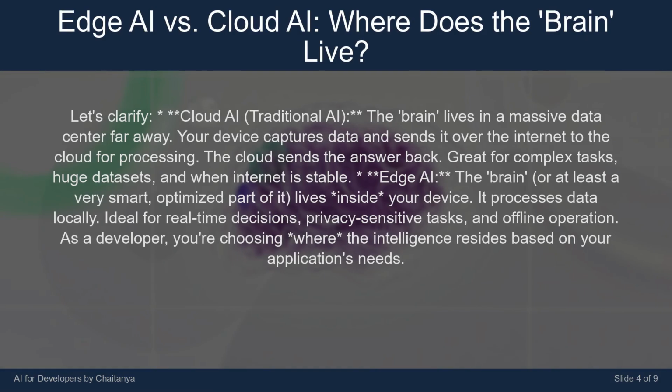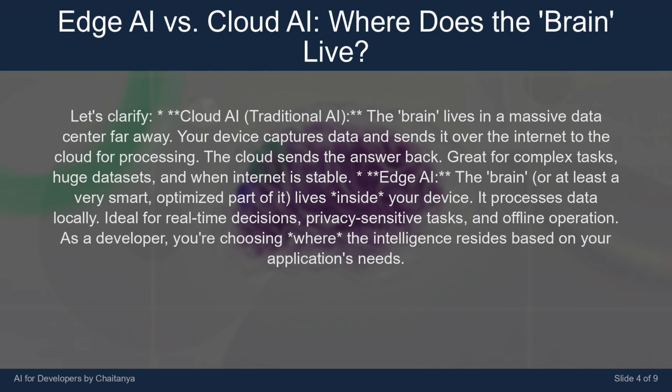Let's clarify. Cloud AI, traditional AI. The brain lives in a massive data center far away. Your device captures data and sends it over the internet to the cloud for processing. The cloud sends the answer back. Great for complex tasks, huge datasets, and when internet is stable.